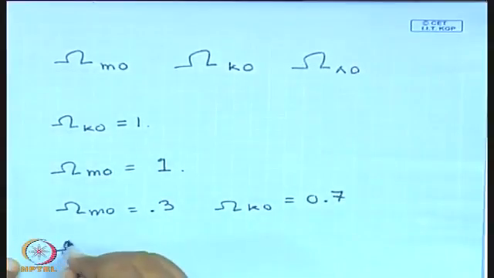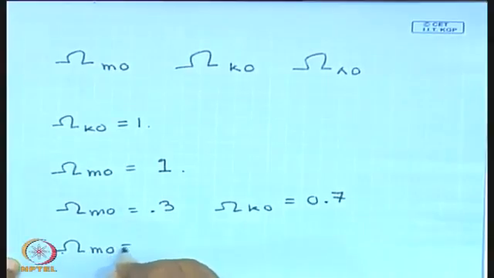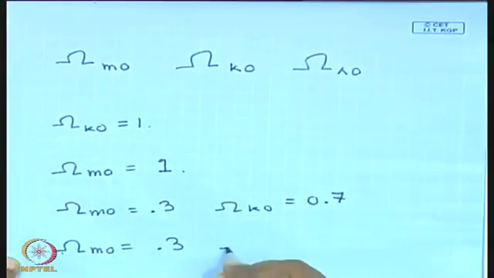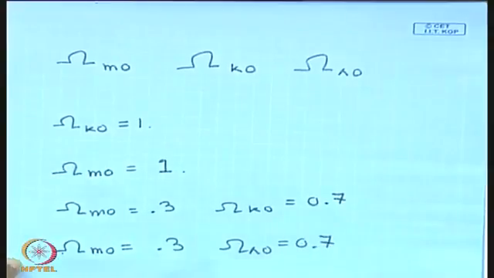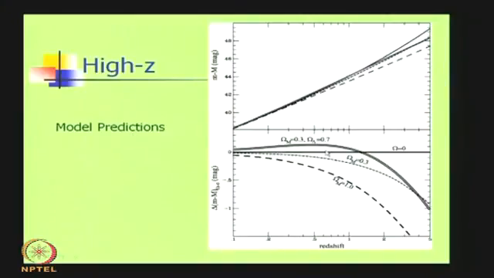And finally you have a model where omega matter naught is 0.3 and omega lambda naught is 0.7, which is the one shown in double line. So this is the one shown over here. Okay, luminosity distance versus redshift. This is what is shown in the upper panel.